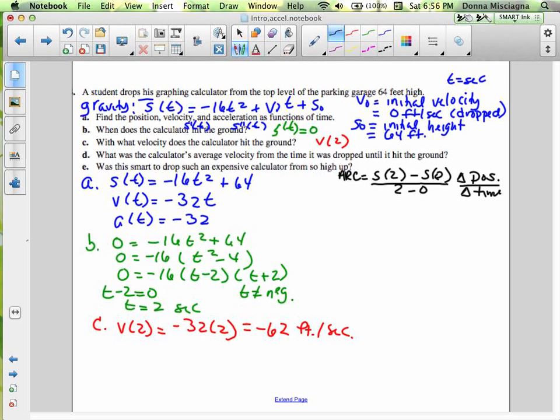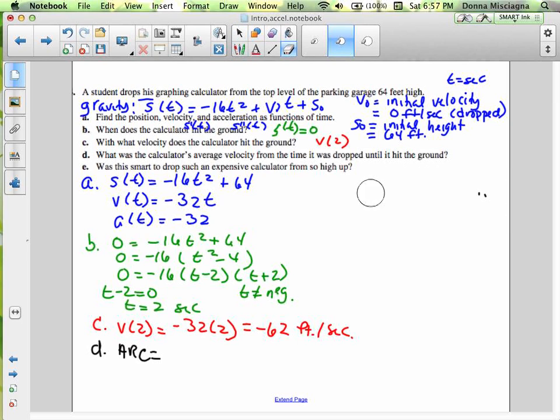So our average velocity, the average rate of change, is going to be s of 2, let's plug that in. S of 2 is 0, because the position was, oh, I'm sorry. I was calculating the average change in position. I misread the question. Ignore that part. Let's read the question very carefully.